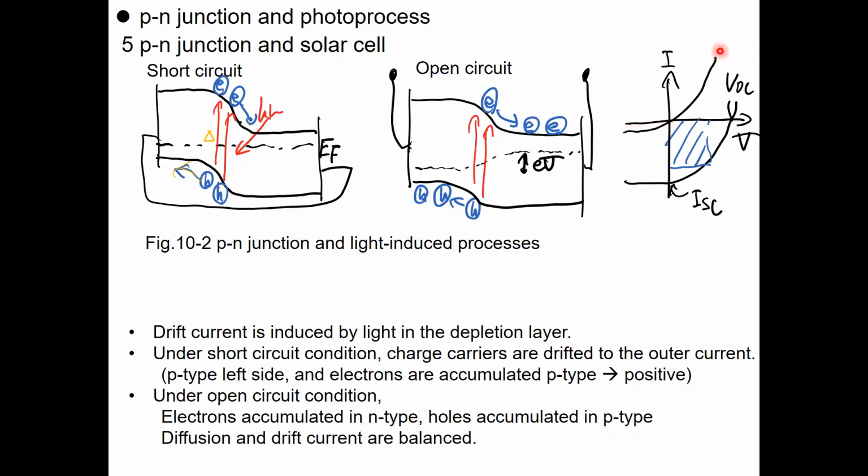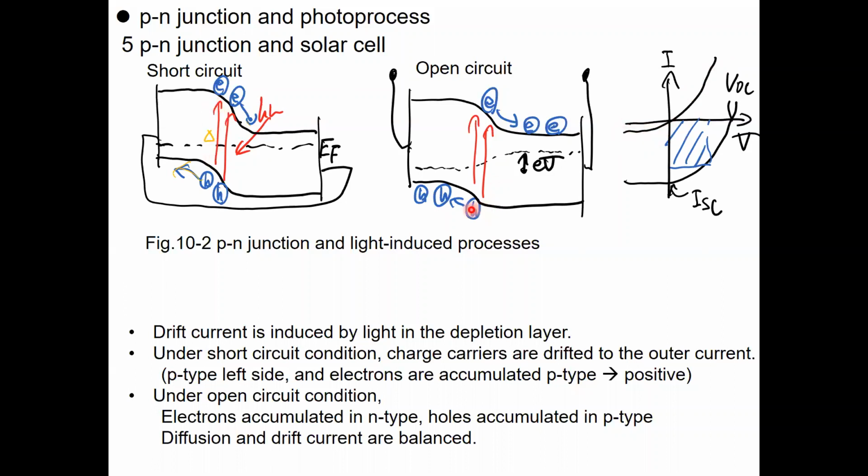So this exponential increase is the diffusion current by applying the positive bias, and then this constant current is due to the drift current, the very small current due to thermal excitation.